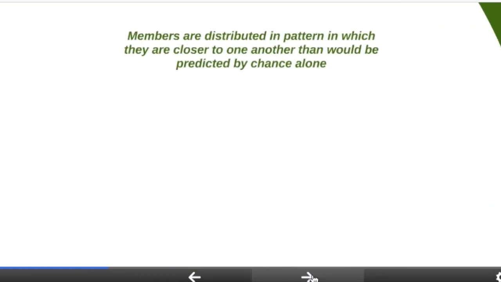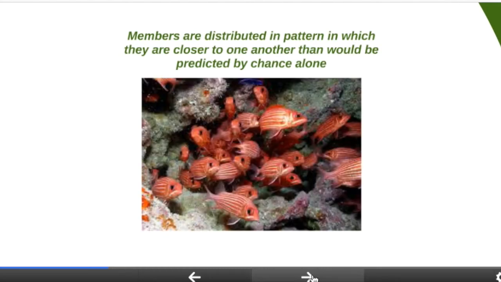Clumped patterns are where your members are distributed very close to one another, such as a school of fish. You tend to see clumped patterns in populations that are trying to gain some type of protective advantage. Schooling or herding helps these animals better protect themselves from predators.